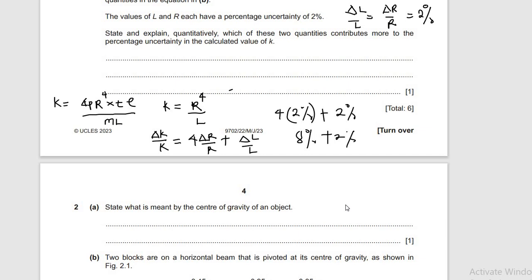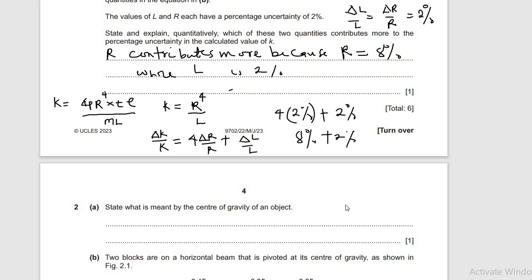Let's write it down. So the conclusion is R contributes more, because R, at the end of the day, is 8% after calculating, while L contributes 2%.